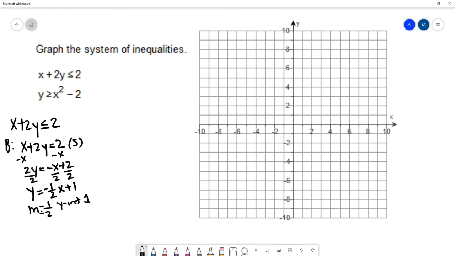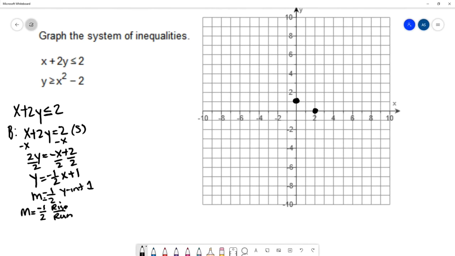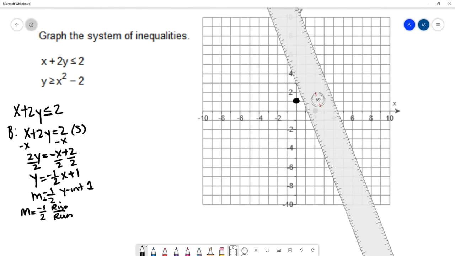So we can graph this line by plotting the y-intercept of 1. Our slope is negative 1/2, so we're going to do rise over run. The rise is negative, so we're going to go down, and run 2, so go right 2. And then we're going to connect those 2 points with a solid line.